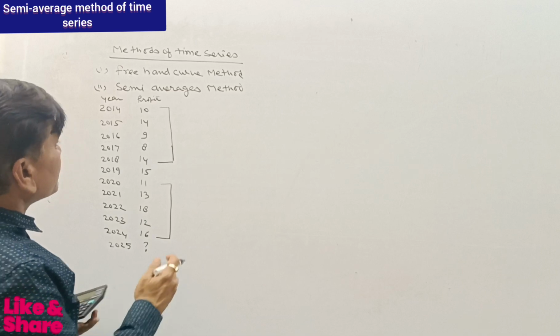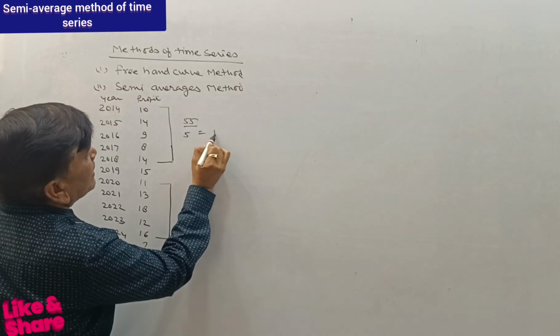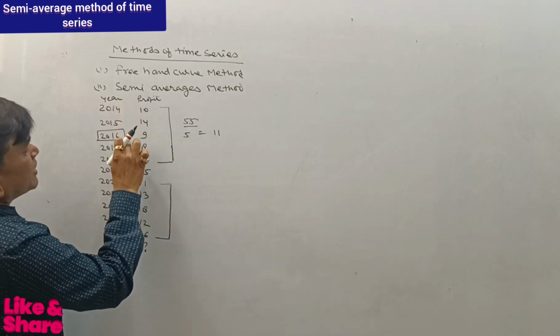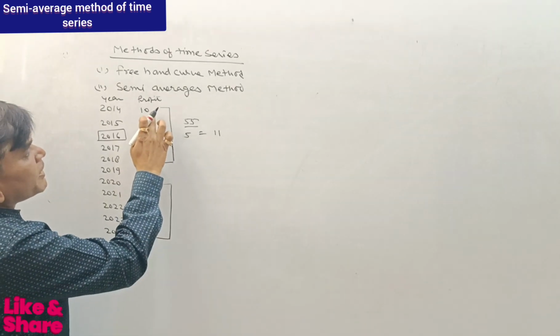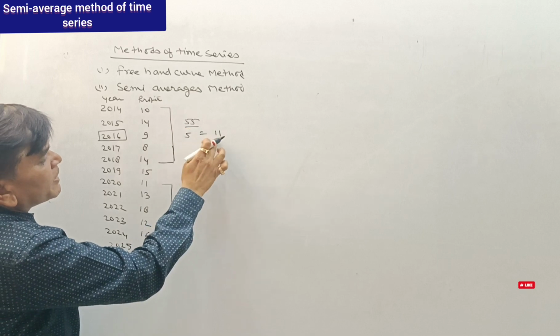The total is 55, divided by 5, that is 11. That will be the first average.